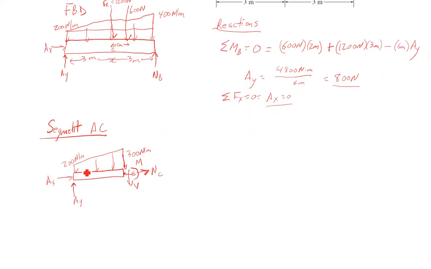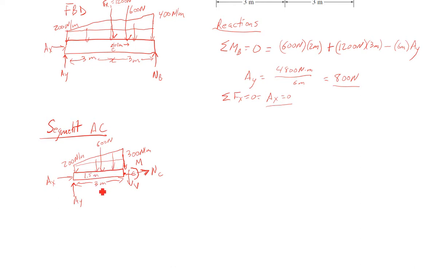So I have this section. I went back to the distributed load, and this is 3 meters from here to there. So I have a 200 newton per meter rectangle down here. So I'm going to have 200 times 3, 600 newtons, acting at 1.5 meters away. And then I have a 0 to 100 triangle.